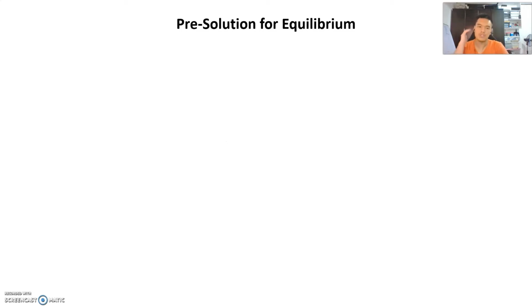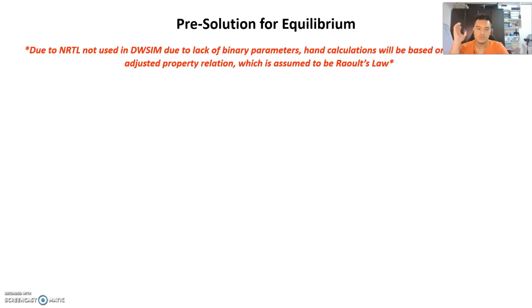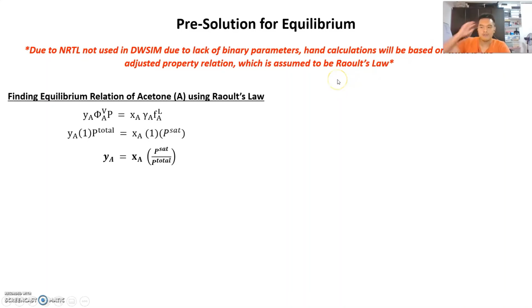So pre-solution for equilibrium, due to NRTL not used in DWSIM due to lack of binary parameters, hand calculations will be based on the adjusted property relation, which is assumed to be Raoult's law. So remember, if you have solutions thermodynamics under your belt, you may find this equation very familiar.